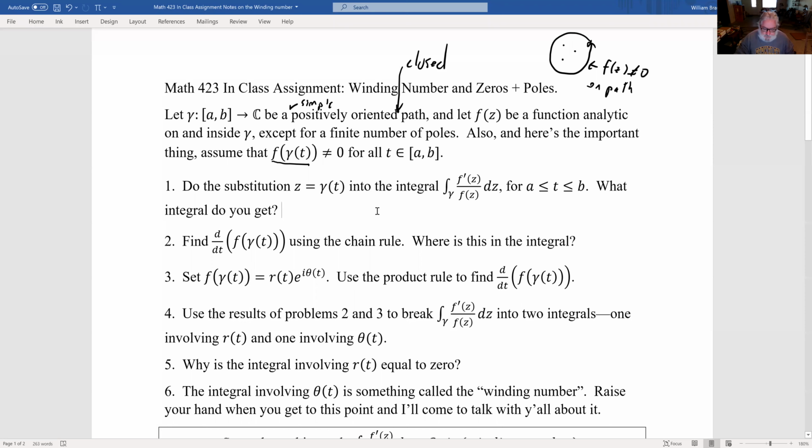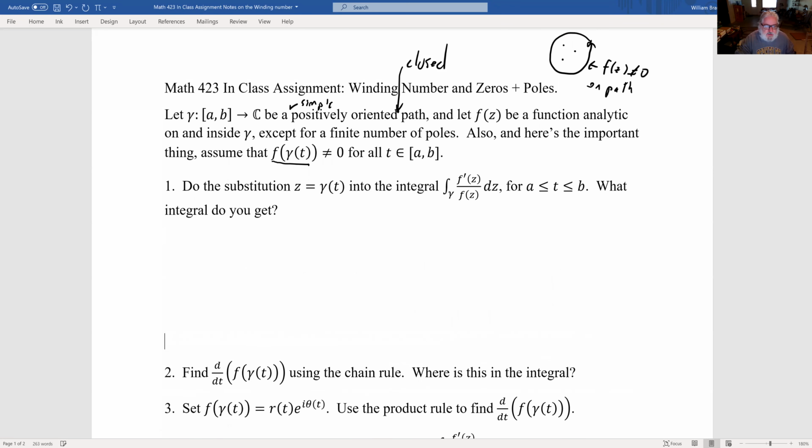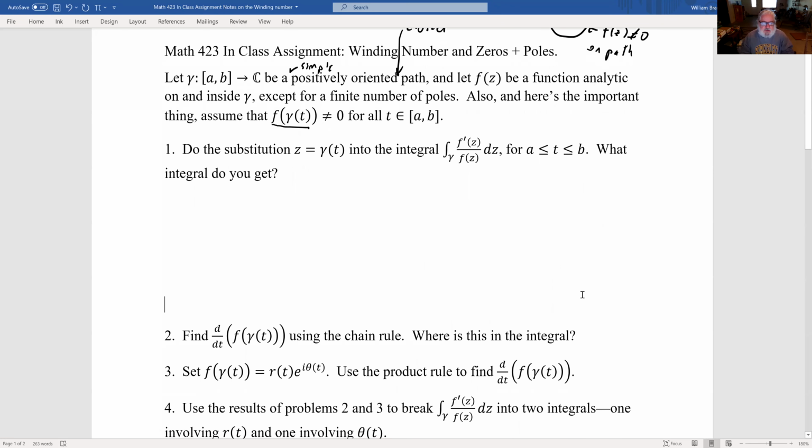So first off, if we do this substitution, what do we get? Gamma prime of t we know is, dz equals gamma prime of t.